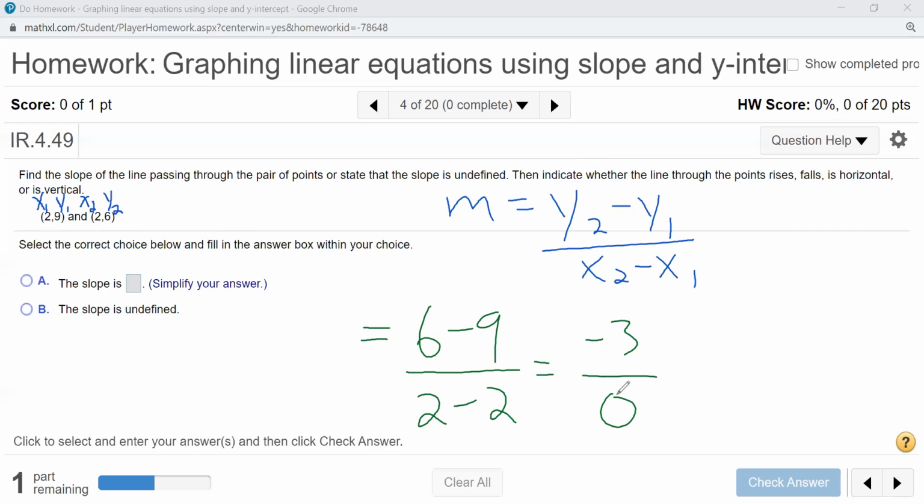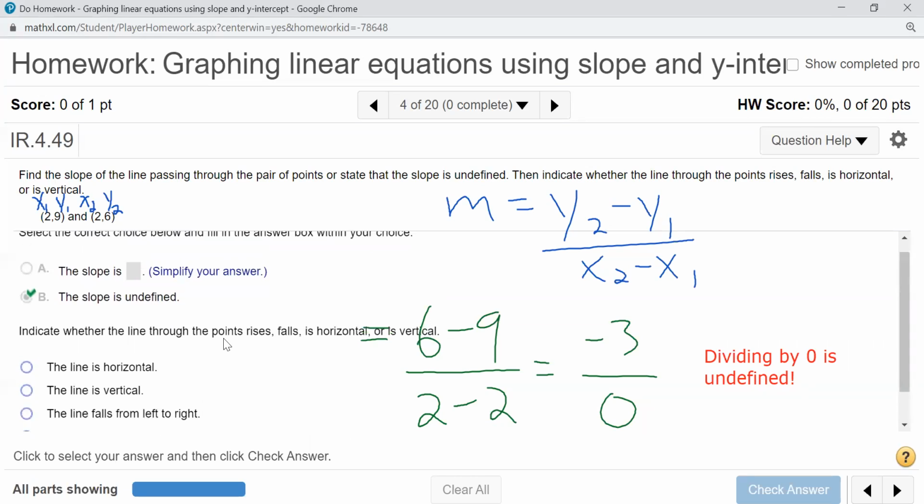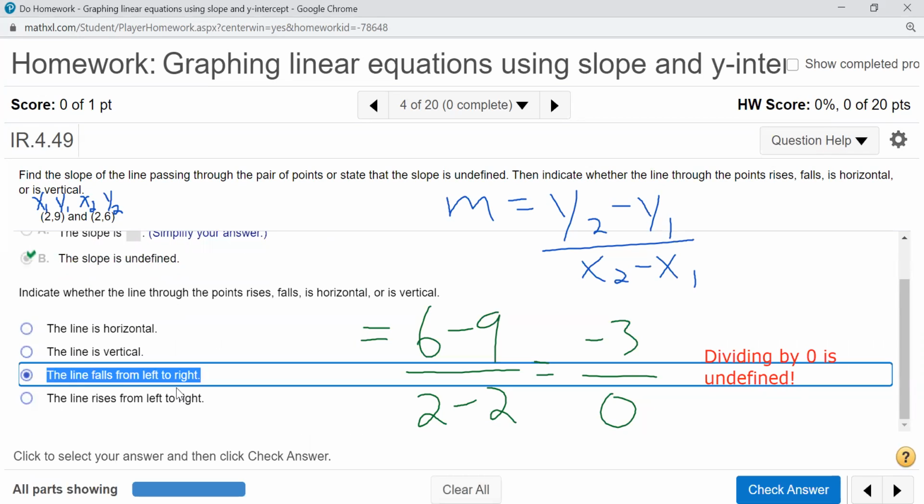Uh-oh, SpaghettiOs. Dividing by 0 is undefined. Thus, the slope is literally going to be undefined. Now, it asks you, is this going to be a line that has negative slope, which means it falls from left to right?